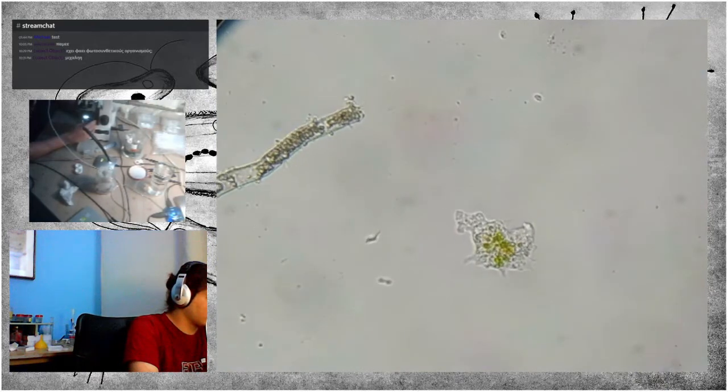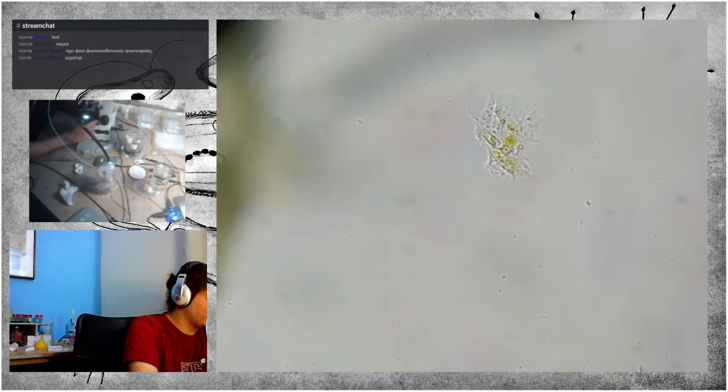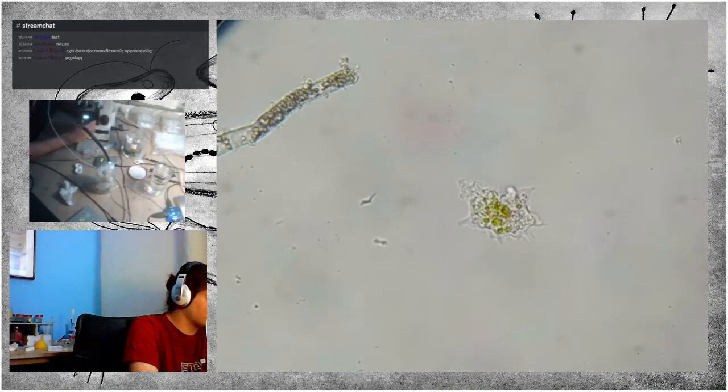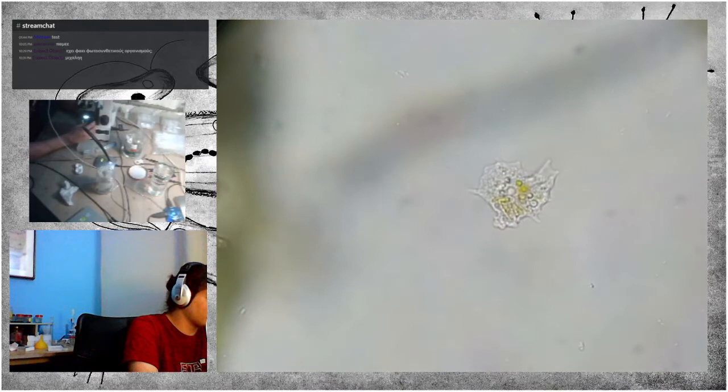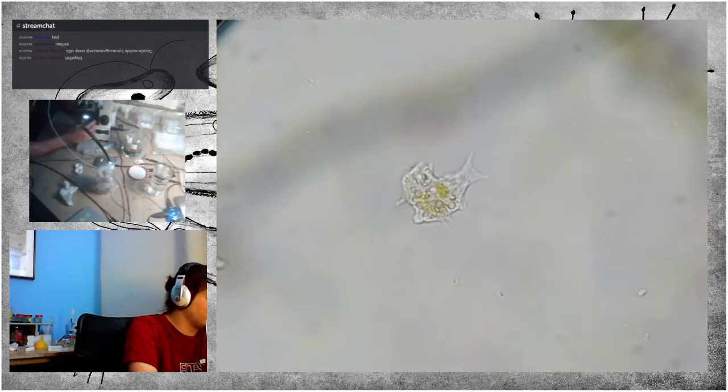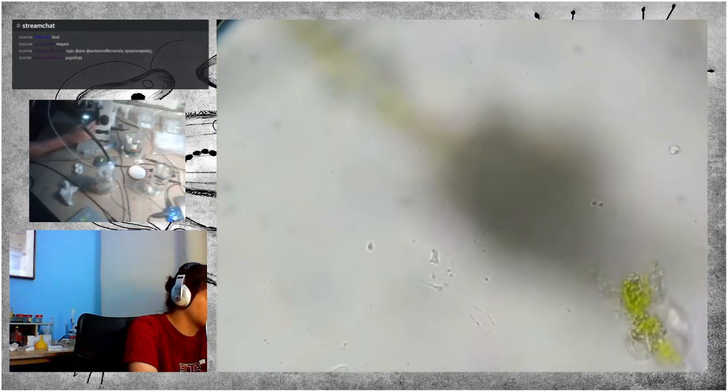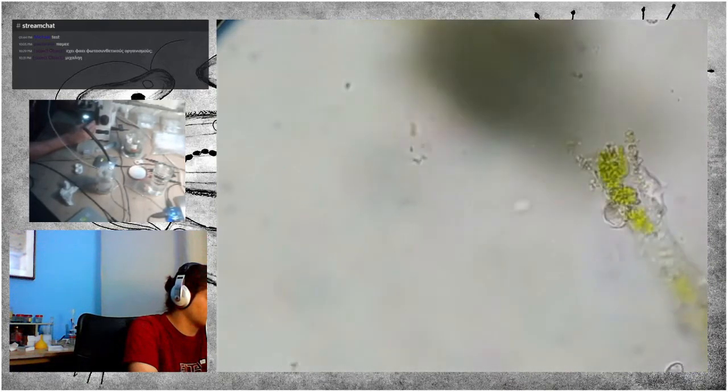If I'm correct, they seem to have similar patterns. I don't know if they're of the same species, or at least genus of the previous one, but it's very likely, and they could be looking for a place to latch on and start eating.